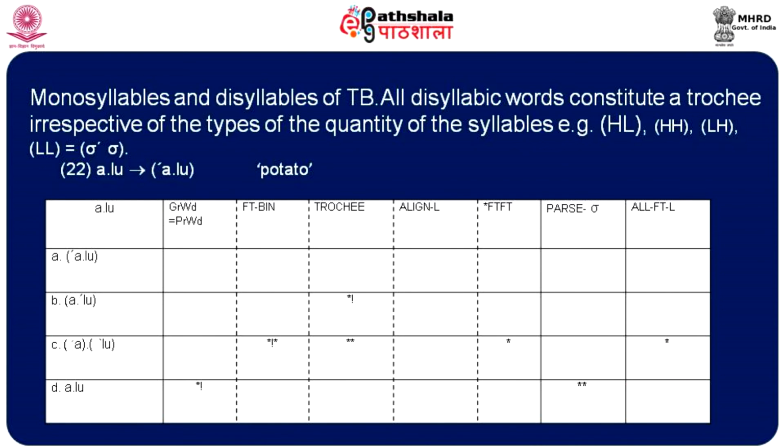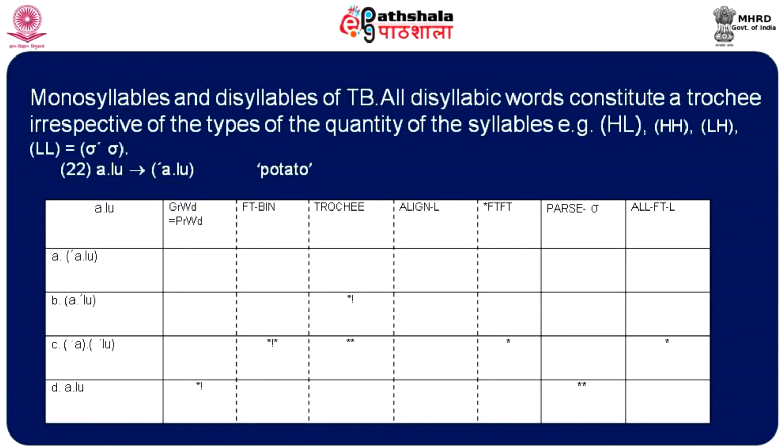Let us now turn to monosyllables and disyllables of Tripura Bangla. All disyllabic words constitute a trochee irrespective of the quantity of the syllables. For example, HL, HH, LH, or LL, all of them have the pattern stress unstress.